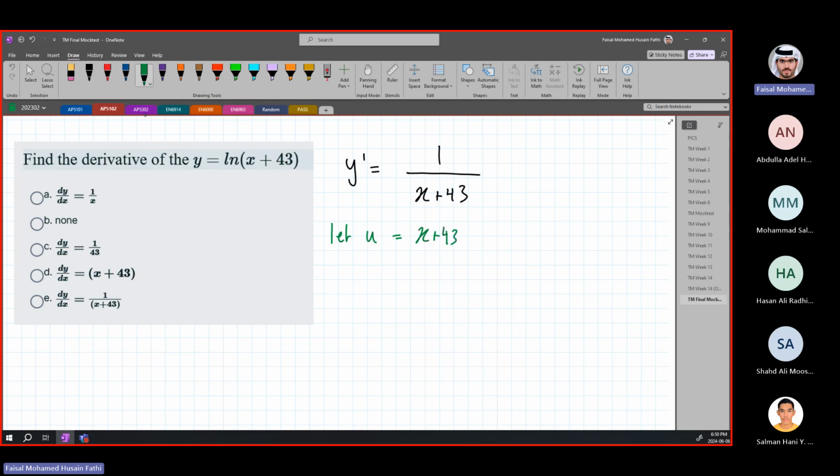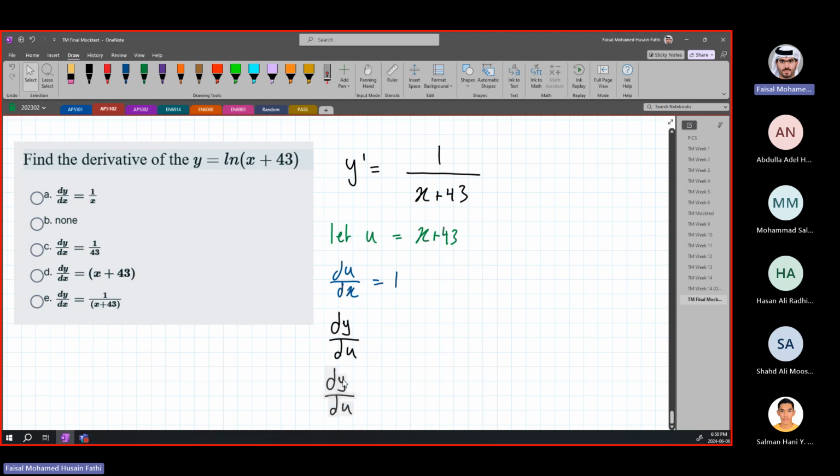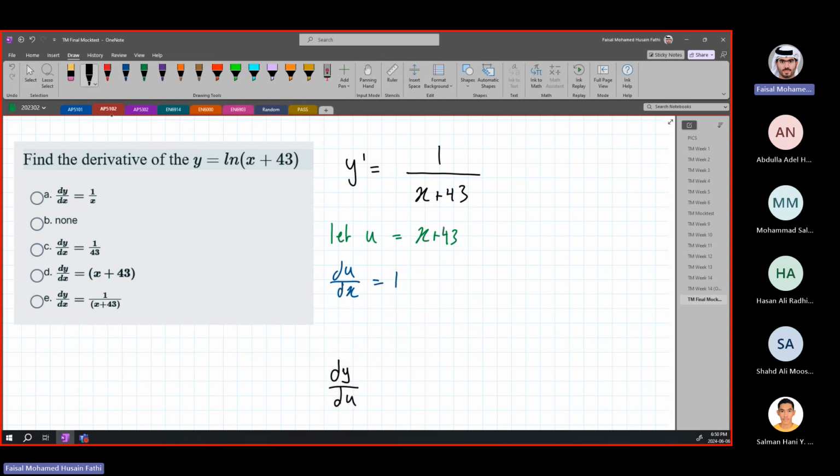So just in case, you can do it this way, and then you say du by dx is equal to 1, and then you say y will become equal to, since we let u equal this, y will be ln of u. All right.